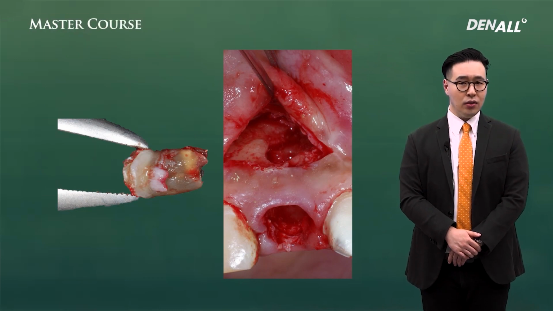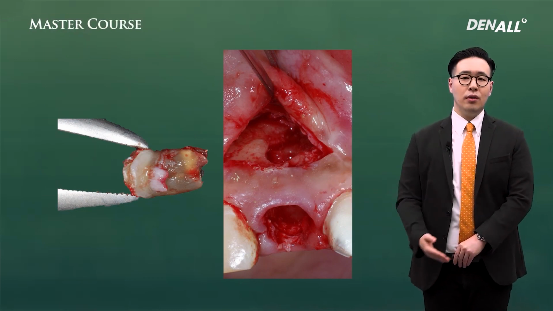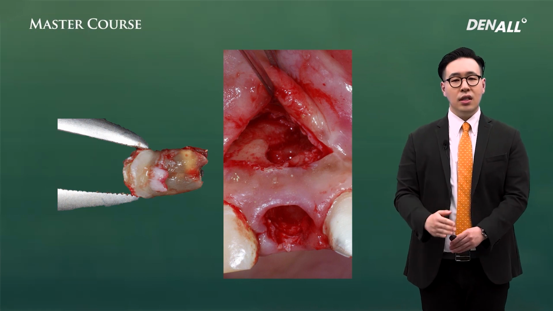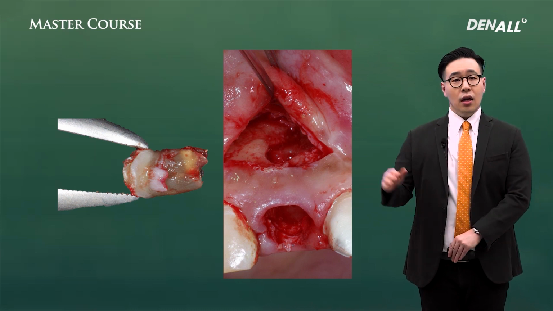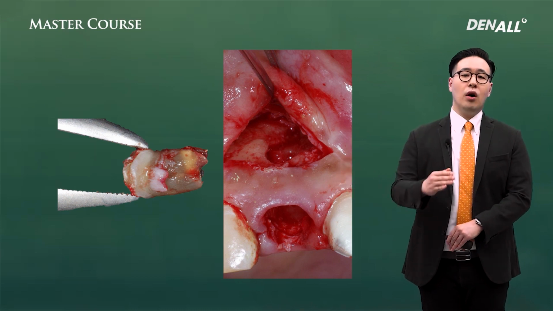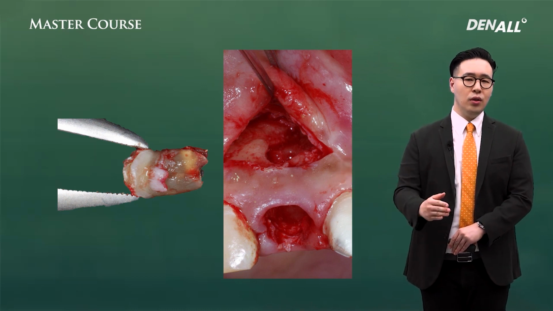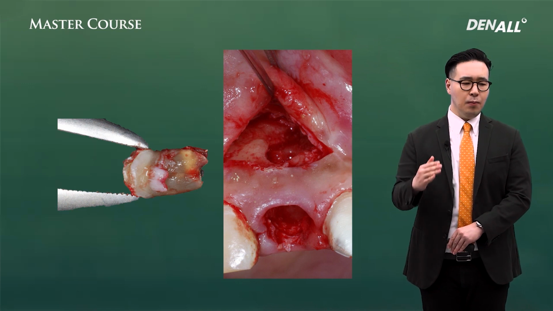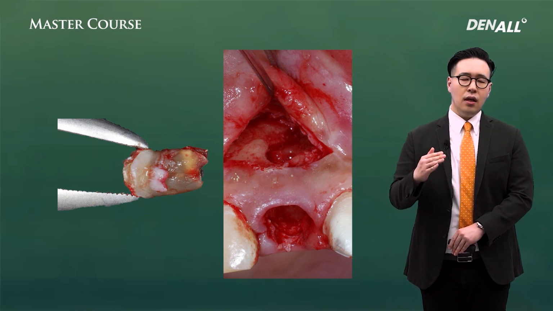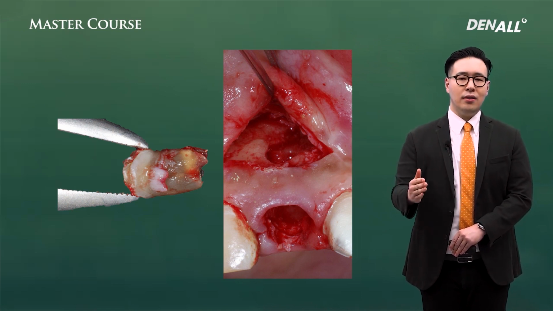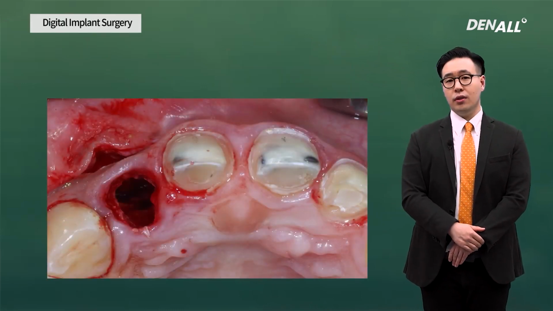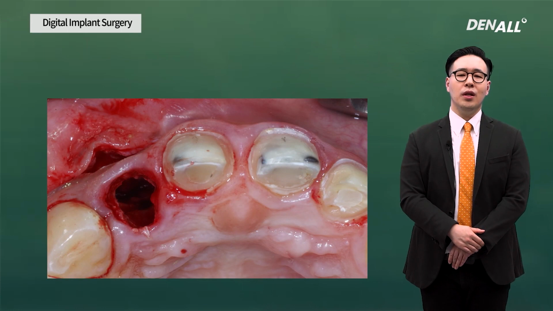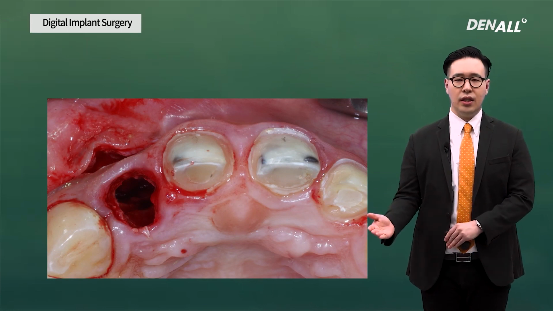In this case, if I raise a big flap from the marginal gingiva using a vertical flap, the interdental papilla and the buccal marginal gingiva, the buccal bone tissues, which are very important critical microaesthetic structures, can be unnecessarily lost. In this patient, there is a trace of apicoectomy done in the past.